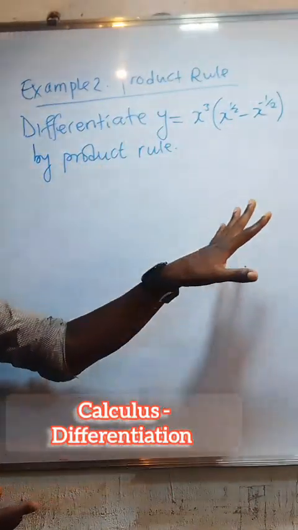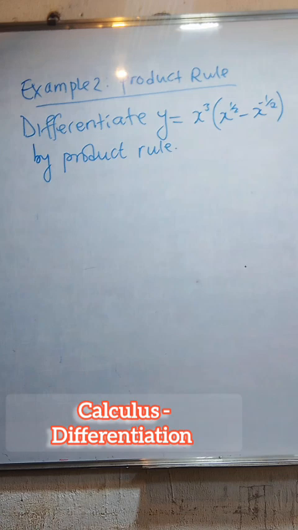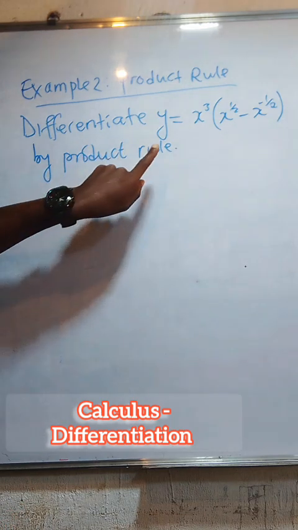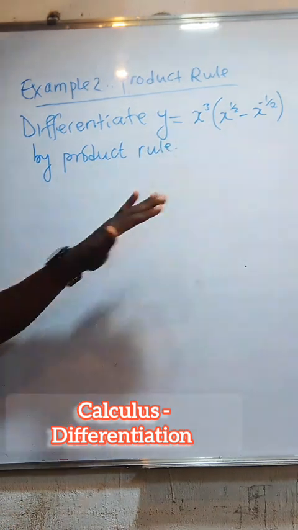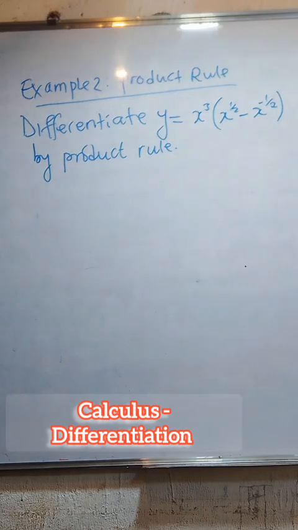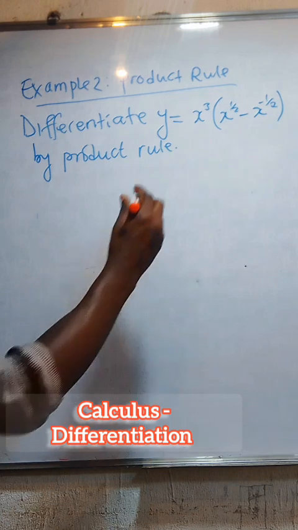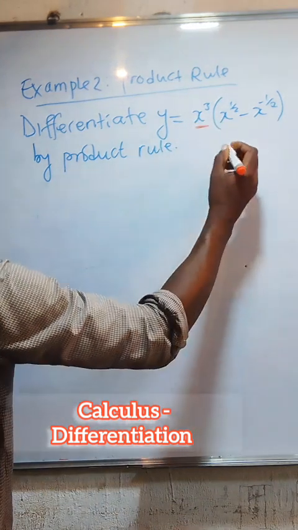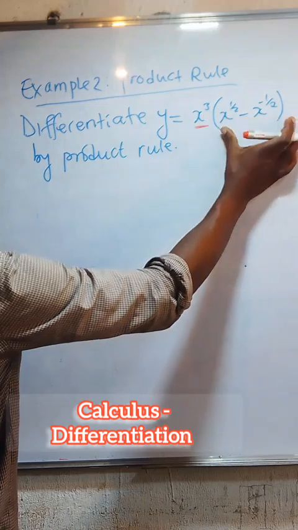So what you can see now is that we have this equation. Differentiate y equals this by the product rule. What this implies is that you have this part multiplying by this part.